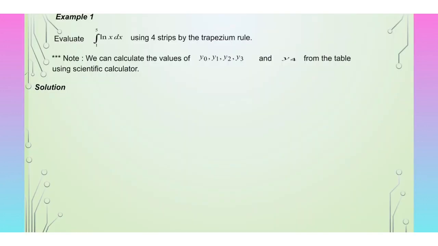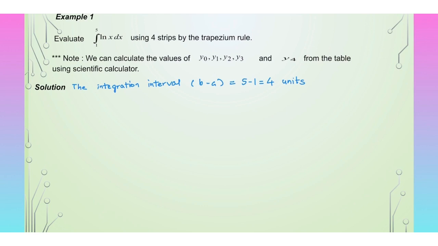Example 1. Evaluate the integral of ln x dx from 1 until 5 using 4 strips by the trapezium rule. Note, we can calculate the values of y0, y1, y2, y3, and y4 from the table using a scientific calculator. Solution.